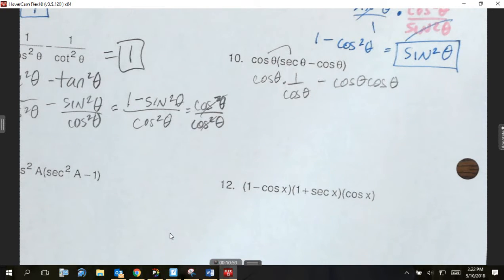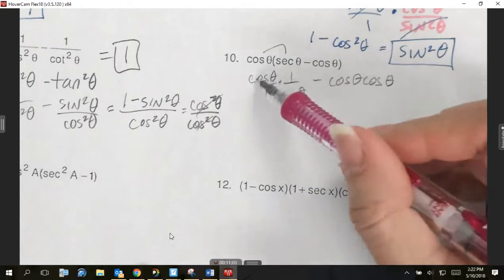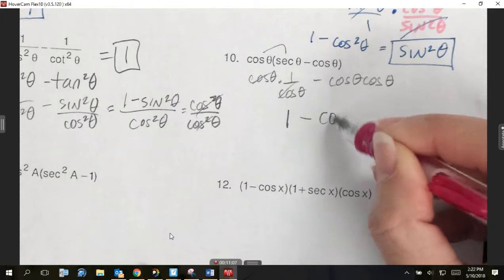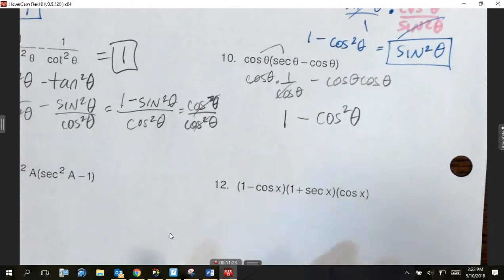I distributed the cosine theta. What happens when I take cosine and multiply by its reciprocal? I get 1 minus cosine squared theta. And 1 minus cosine squared theta is a Pythagorean identity. We've done it like 4 times on this worksheet so far. It's sine squared theta.